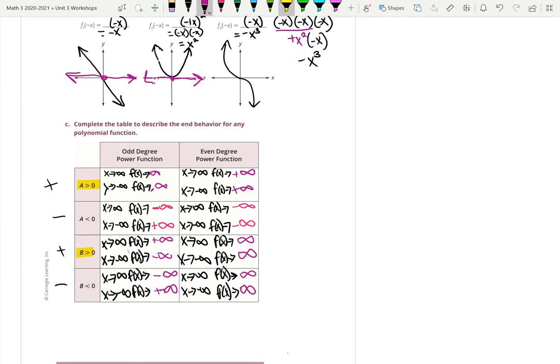Notice how for an even degree, the end behavior is always the same. Hence, by definition, notice here how it's always alternating. Positive, negative, positive, negative, positive, negative. These are our conclusions.